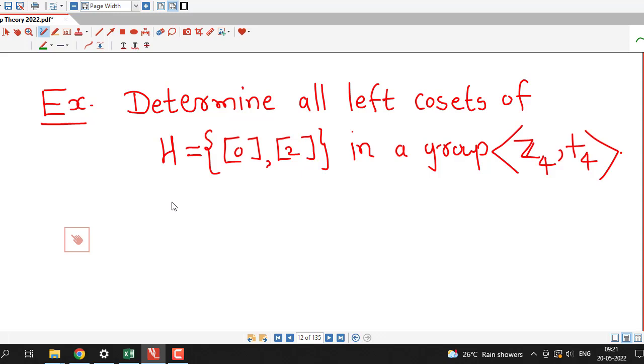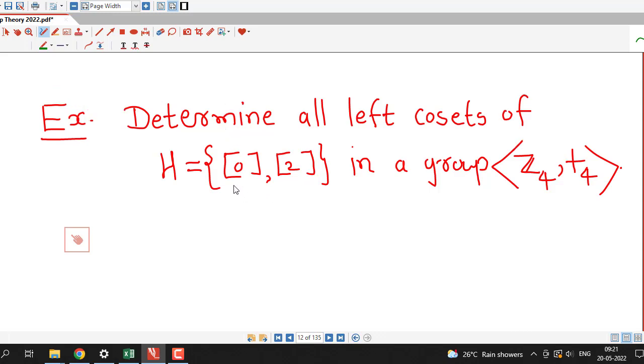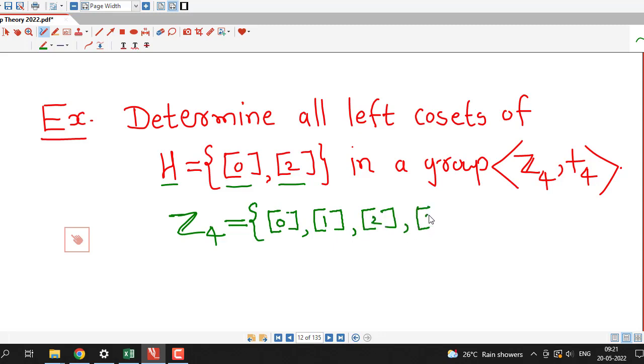So the first property we will use is, we know that if an element is a member of a subgroup, then the left coset generated by that element is the subgroup itself. Before that, we just write down that Z4 has 4 elements, the equivalence classes generated by 0, 1, 2 and 3. Now the equivalence classes corresponding to 0 and 2 will be equal to this subgroup itself, because these two are elements of the given subgroup.